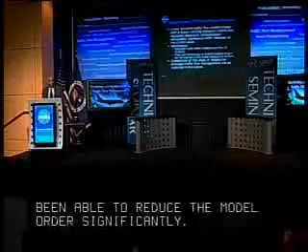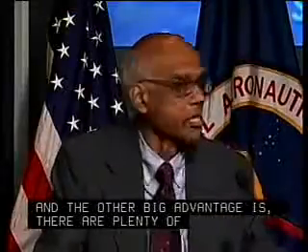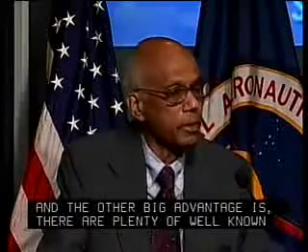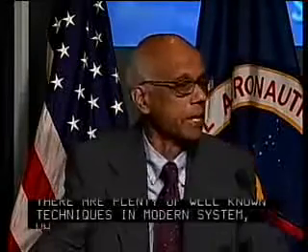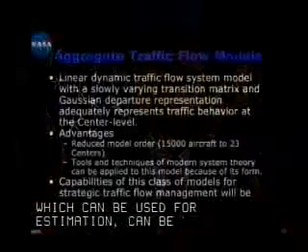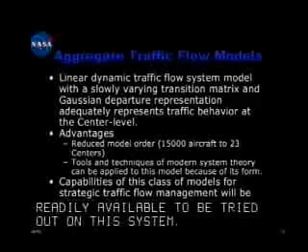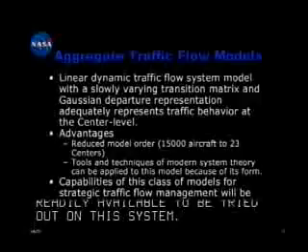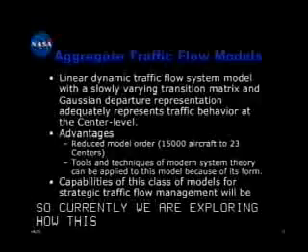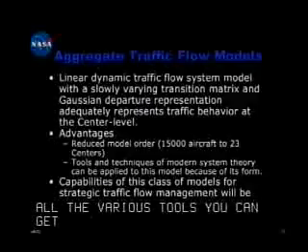The other big advantage is there are plenty of well-known techniques in modern system theory which can be used for estimation and for control, and many of these are readily available to be tried out on these systems. So currently we are exploring how the tools and techniques of systems theory, all the various tools you can get in a program like MATLAB, could be used to design the traffic flow at the national level.